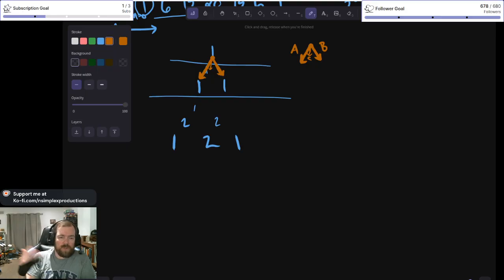So then how would you describe how to get to any particular location? Well, in this particular case, if we went 1 in the A direction, we'd be here. And then if we go 1 in the B direction, we would go to the right and down, which ends up here at this location.